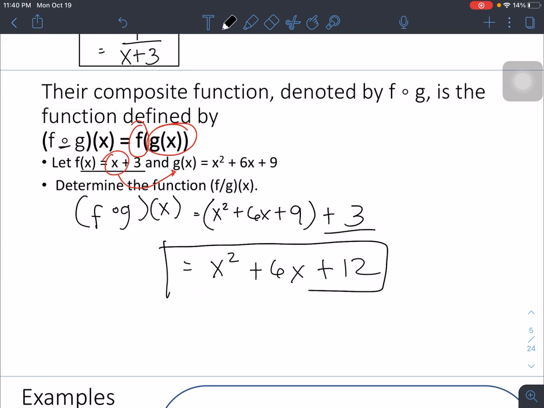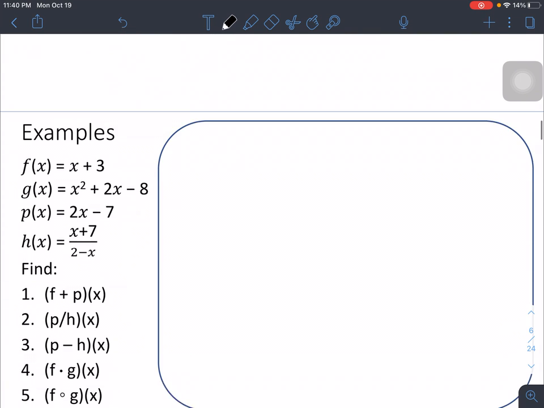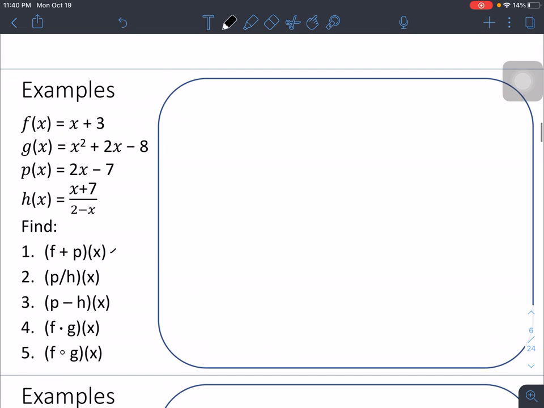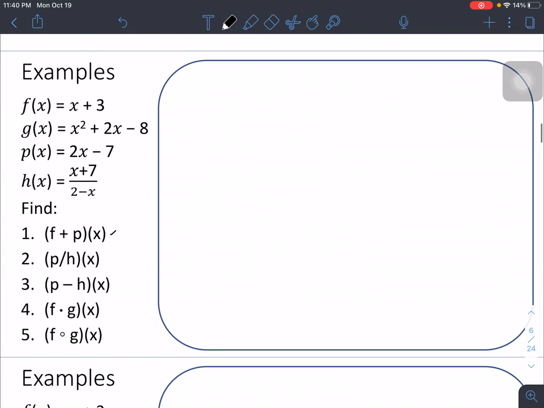So let's try with some examples. So f plus p of x. Let's try number 1, f plus p. We have the f of x function to be added with the p of x function.